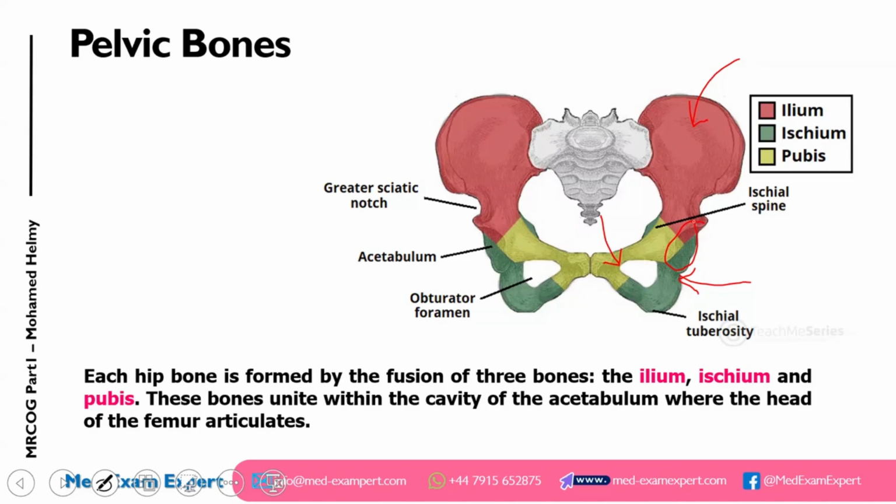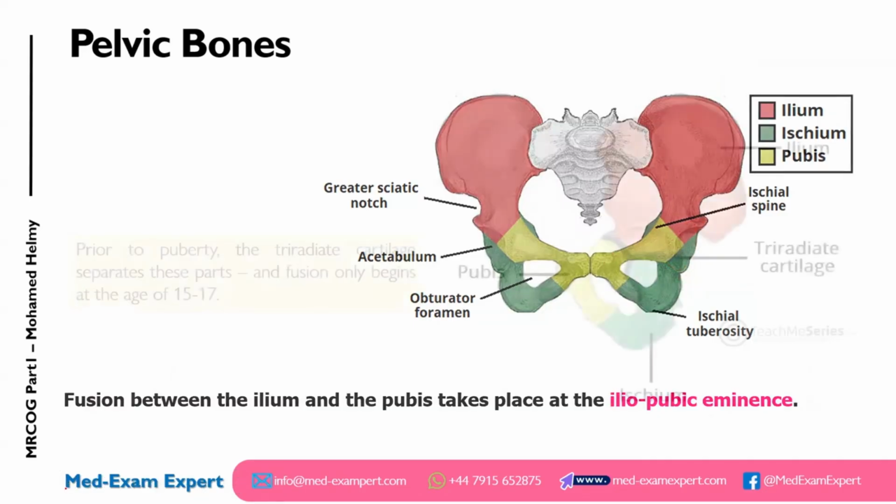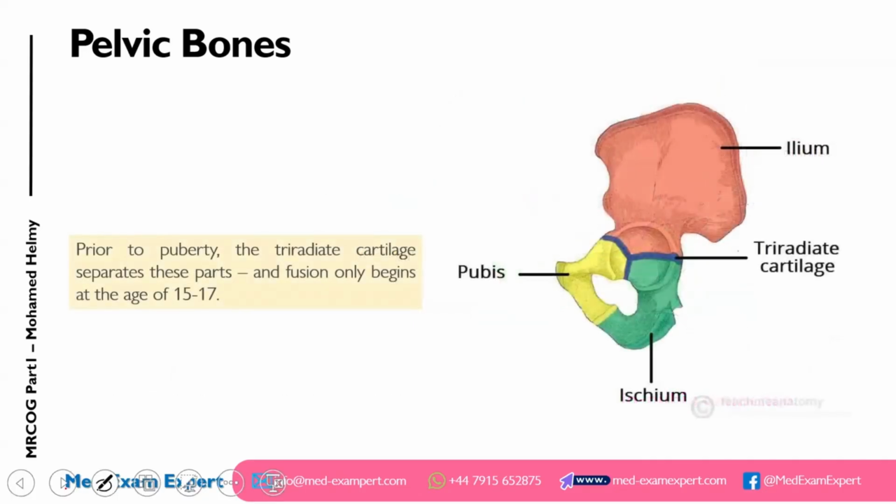And if we look at this picture here, as you can see, that's the acetabulum, and this is the articulation of the three bones. Before puberty, there is a cartilage joining the three bones together.